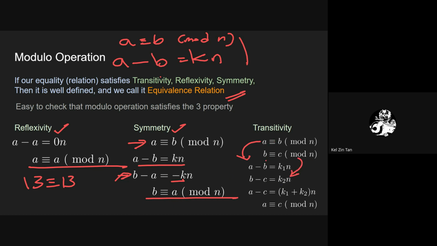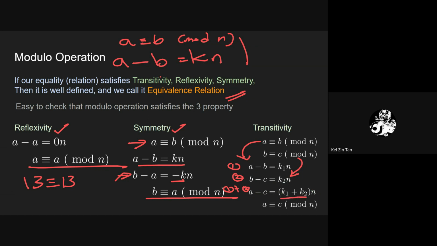By definition of A congruent to B, we have that A minus B equals k1 times n. B congruent to C, by definition, B minus C equals k2 times n. And then we add these two equations together. So we have 1 and 2, and we add 1 and 2 together. Then we get that A minus C equals k1 plus k2 times n.